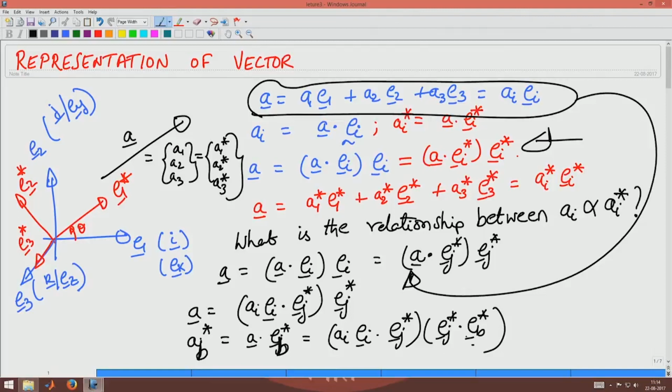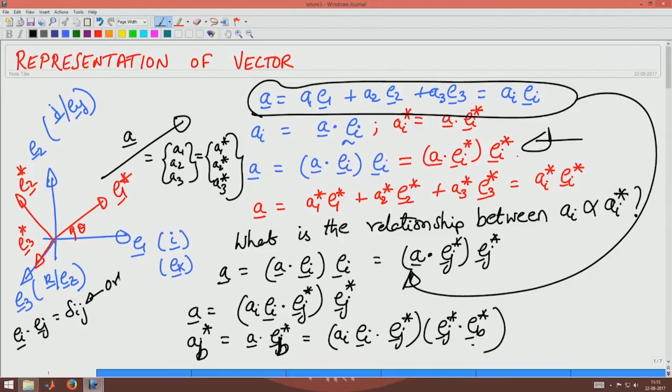Now, what do I know? I know that Ei dotted with Ej will be the canonical delta, delta ij, right. From what we defined as the canonical delta in the previous class, it will be 0 if i is not equal to j and 1 if i equals j. What does this mean?